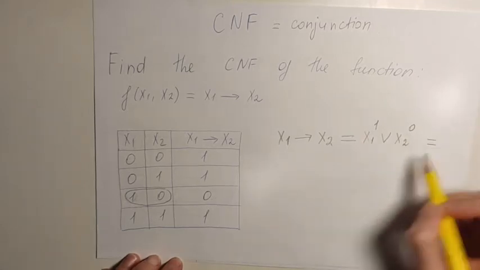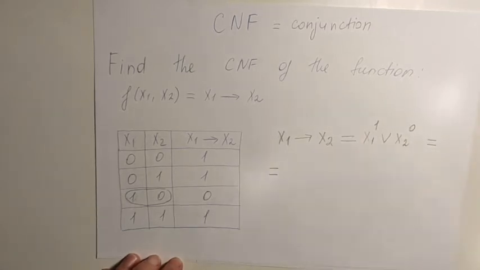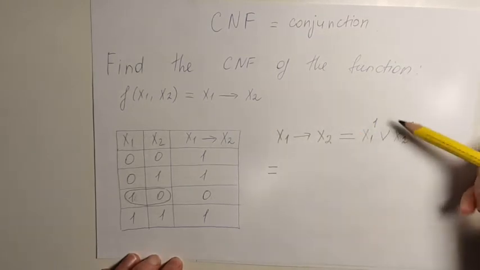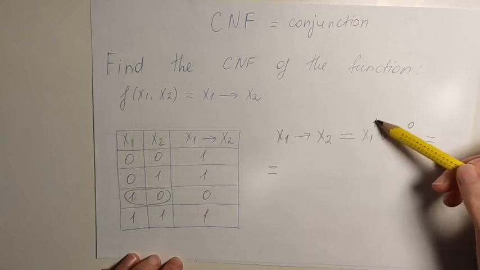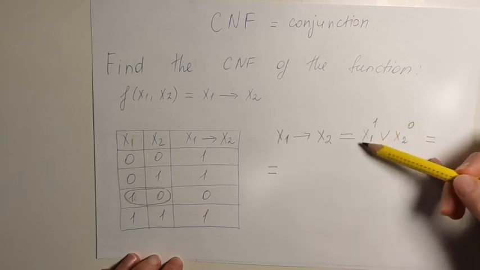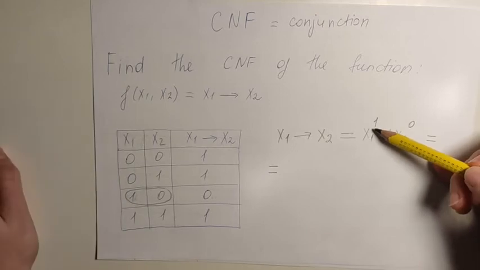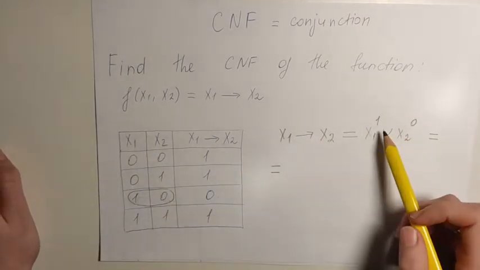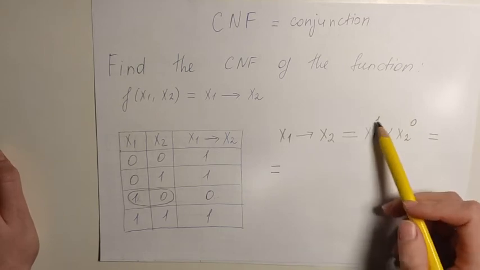So, in CNF, we should write the negation over the variable whose truth value is equal to 1. x1 is equal to 1, so we should write x1 negation.